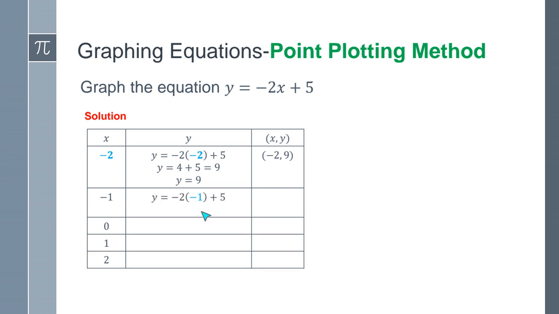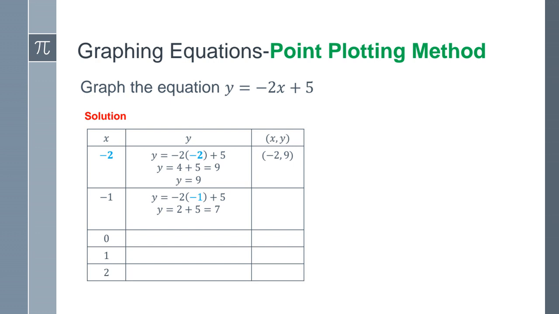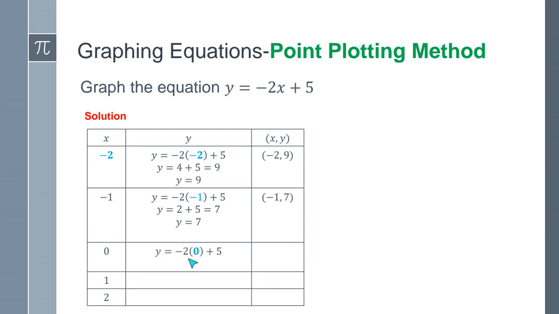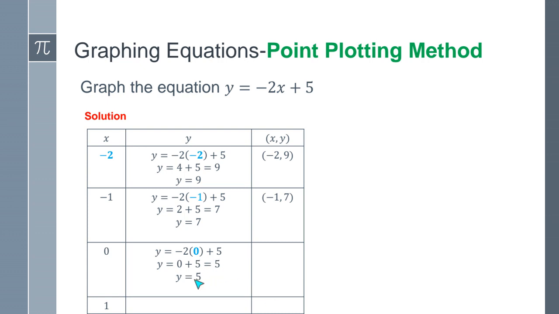If I put in -1, then I get -2 times -1, which is +2, plus 5, which gives us 7. So our ordered pair would be -1 and 7. If we plug in 0, -2 times 0 is 0, plus 5 gives us 5, so our ordered pair would be 0 and 5.